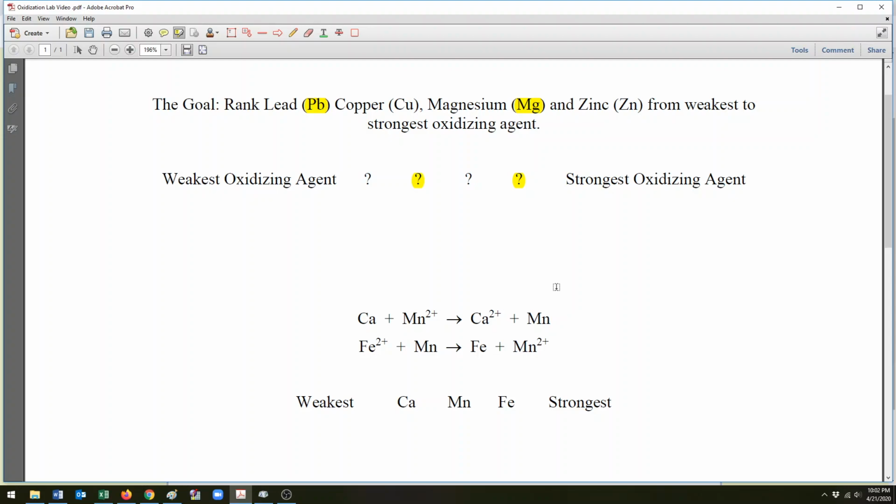To try to understand this, let's take a look at what happens to magnesium in two different reactions. Okay, so let's start off and look at the top reaction here. Now, if you look at magnesium, it's reacting with copper. And by the way, magnesium was probably part of some salt, so there's probably a negative ion floating around in the solution that we don't really care about. It's not going to react with anything, and ions like that are usually referred to as spectator ions.